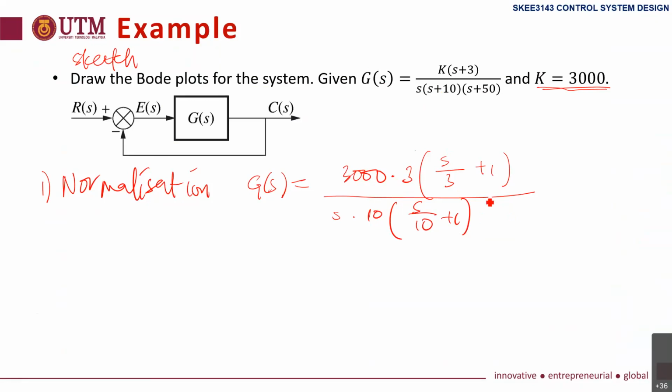Then 50, S over 50 plus 1. This is what we call normalization.